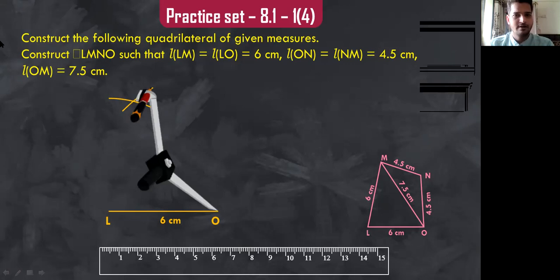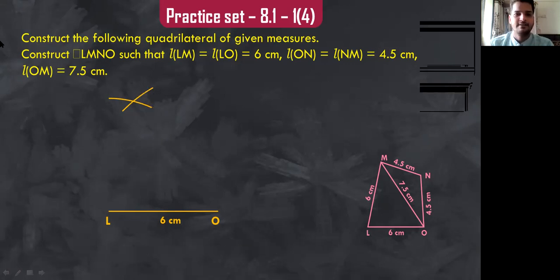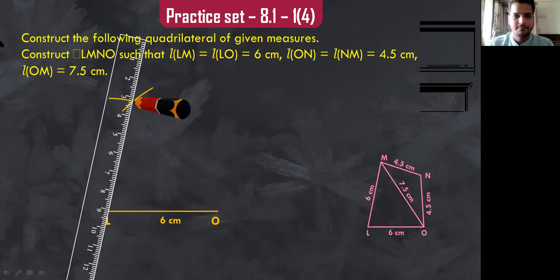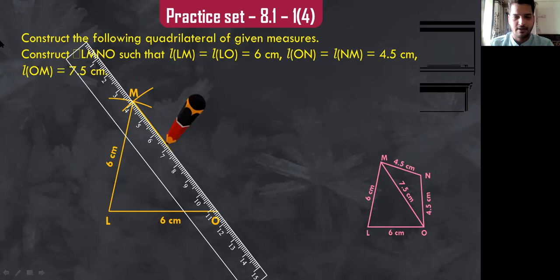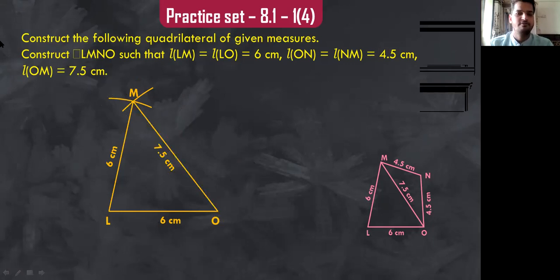Wherever these two arcs are intersecting, that is your point M. So with the help of a scale and a pencil, we will join ML and MO and mark their measurements as 6 centimeters and 7.5 centimeters respectively.